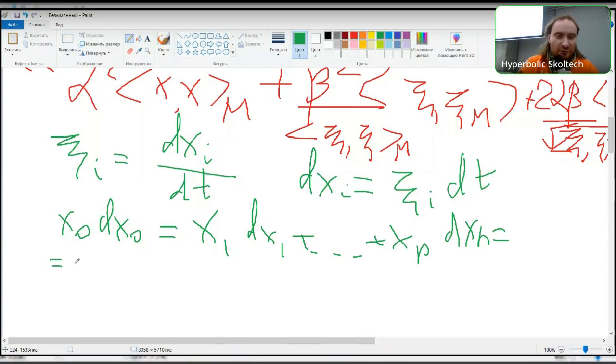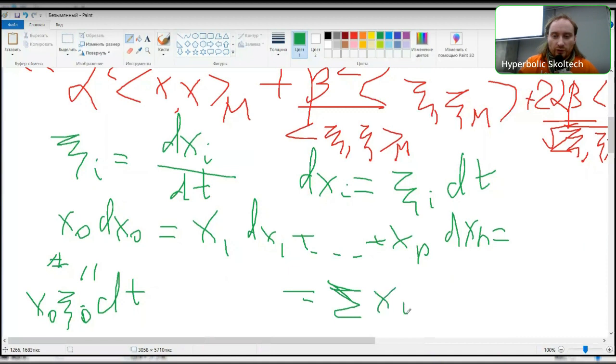Two hours didn't pass yet. So here we have x0 psi 0 dt, and here we have the sum of xi's psi i's dt.